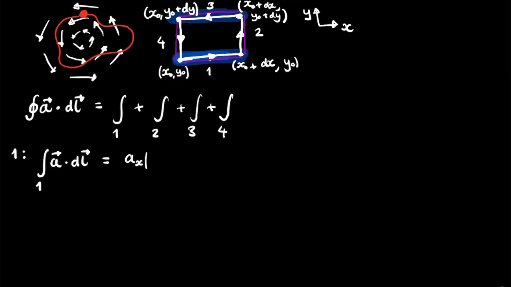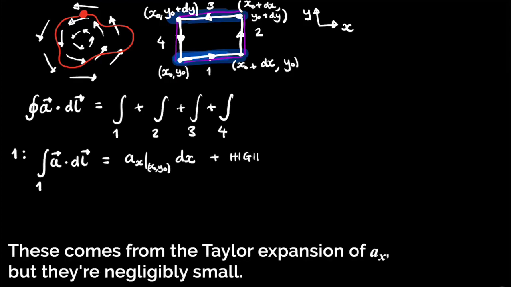This is going to be evaluated at x naught, y naught, so whatever value a is at this particular coordinate, multiplied by dx, because that's how far along we've come. We've gone from x naught to x naught plus dx, so we've come a distance dx right there. There are also going to be some higher order terms that we're not going to bother about.